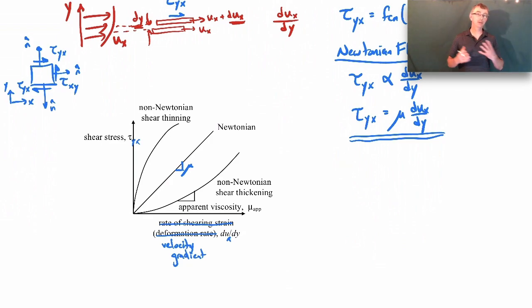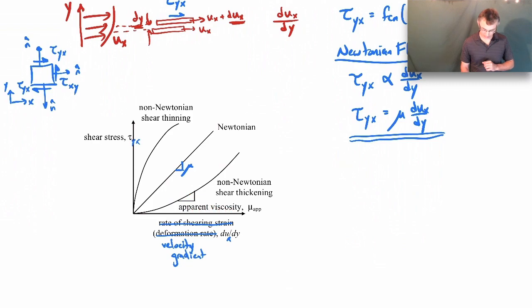Now, there are many different kinds of fluids with different kinds of behavior. I'll just show you two different kinds here. The first one is a non-Newtonian shear thickening fluid. That's this curve down here. You'll see that the larger the velocity gradient, the larger the shear stress becomes. If we look at the local slope, right at this point, let's call that the apparent viscosity.